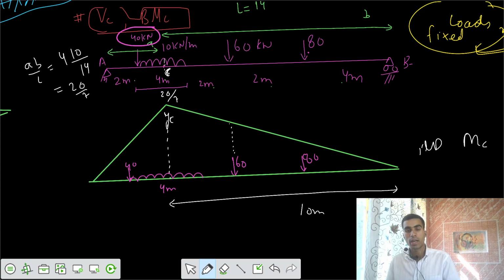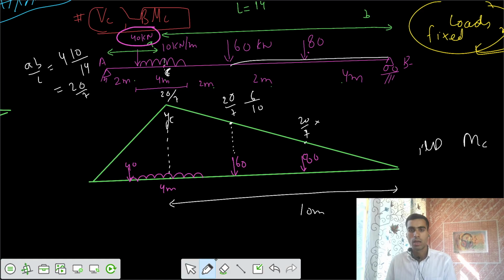For this 6 meter triangle, our ordinate would be 20 by 7 for the length of 10. I need it for the length of 6. And this ordinate would be 20 by 7, and this was for the length of 10. I need it for the length of 4 meter triangle. So we got these ordinates, and units would be in meters.